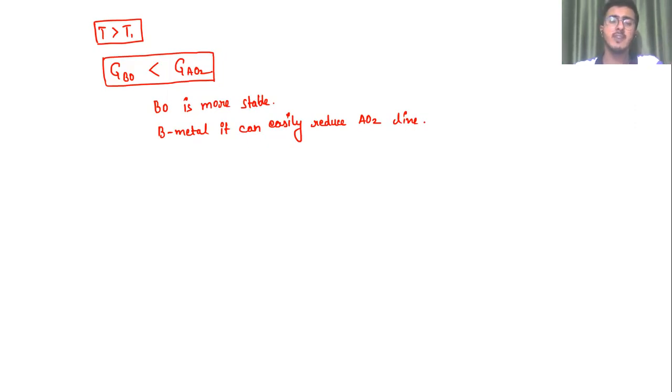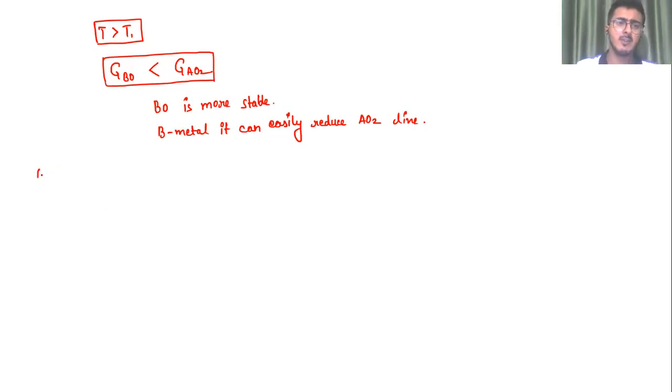Based upon that, we determine what will happen when the temperature is less than the equilibrium or intersection temperature, and similarly what happens when the temperature is greater than the intersection temperature. So we have discussed everything in this part.